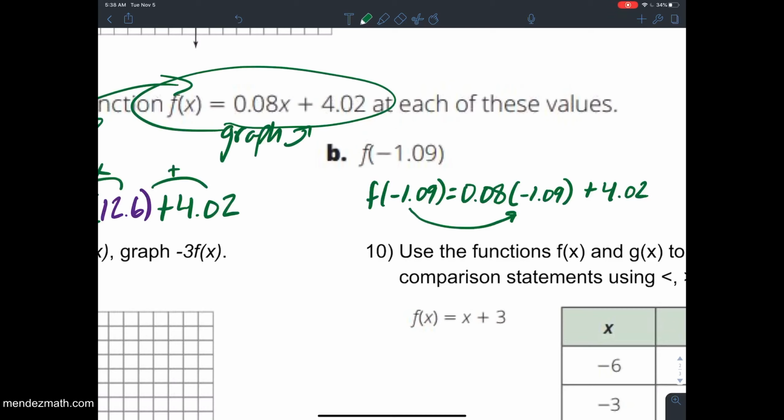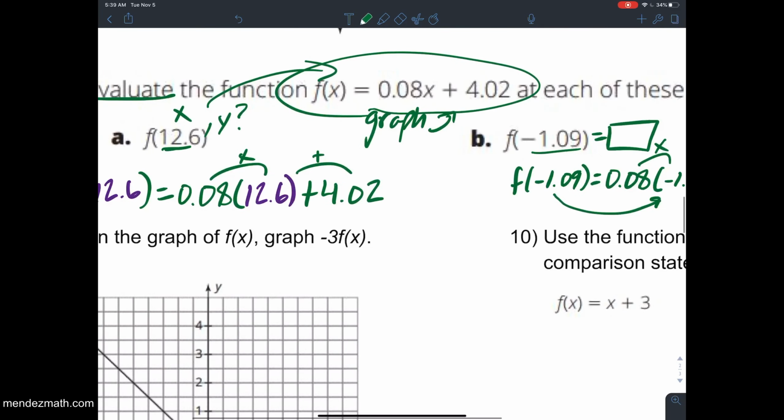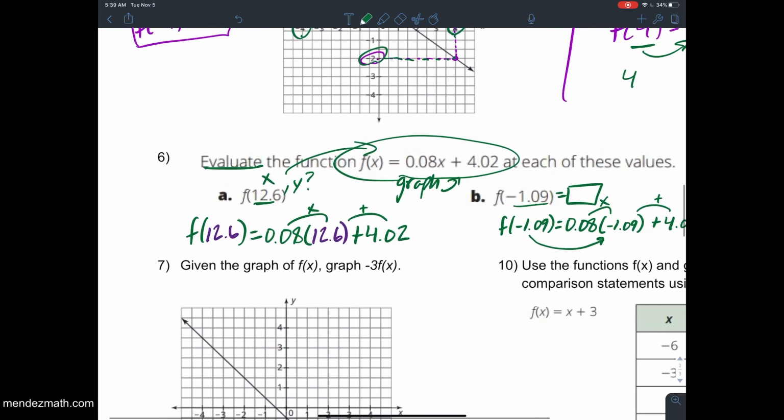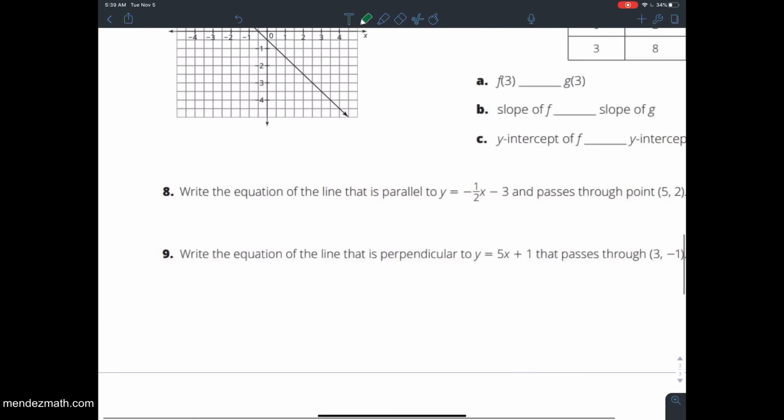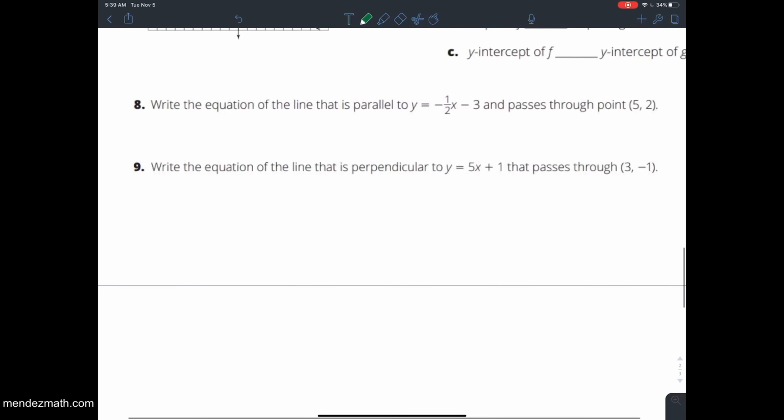So again, multiply and then just add this number. And there's your answer. And when you write your answer, write f of whatever they give you equals your answer right here. Okay? So that's that. So the last two questions, I think. Yep. These are pretty easy.